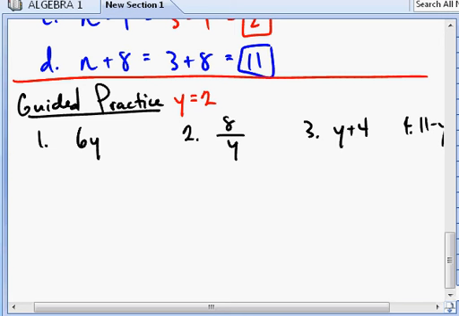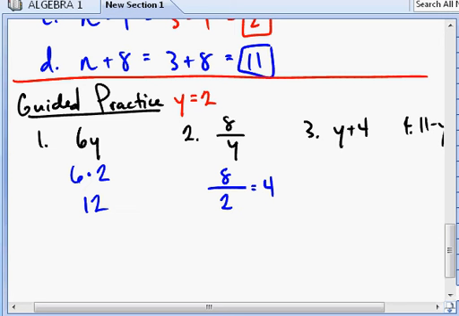All right, Elizabeth, what'd you get for number 1? Melvin, what'd you get for number 1? You said 12. Okay. Yeah, 12. 6 times y is 2, which makes 12. All right. Gabriel, what'd you get for number 2? 4. 4, good. 8 over 2. 8 divided by 2 is 4.